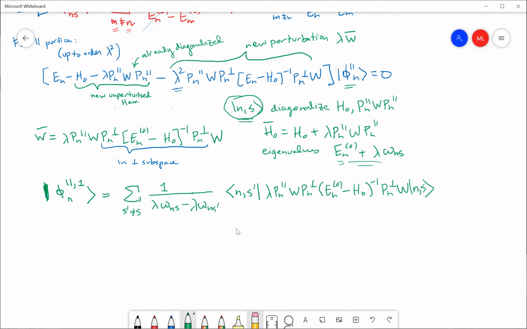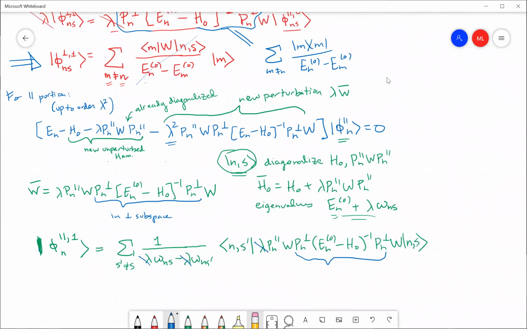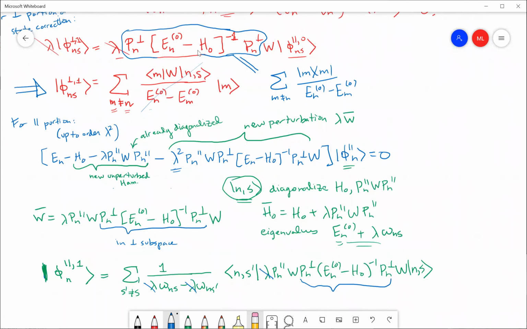Okay, so now some nice things happen. First of all, the lambdas here cancel. Second of all, we know that this portion here, I already told you what this operator is. I have it up here, right? This is the same operator.